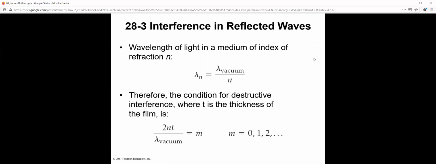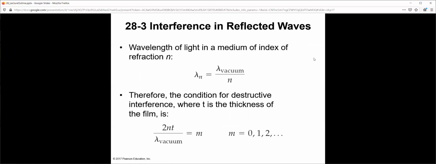Now, notice this is the condition for destructive interference. So you take whatever index of refraction you're talking about, n, you then relate that to the thickness of what's refracting and whatever particular wavelength of light you're talking about here. So lambda vacuum is simply red, I think it's like 580 nanometers, stuff like that, right? Or 440, I can't remember off the top of my head.